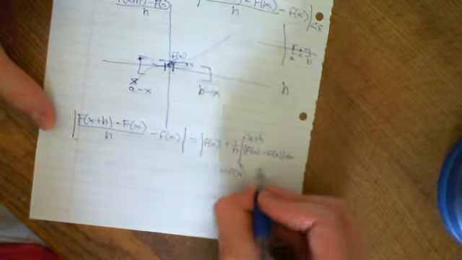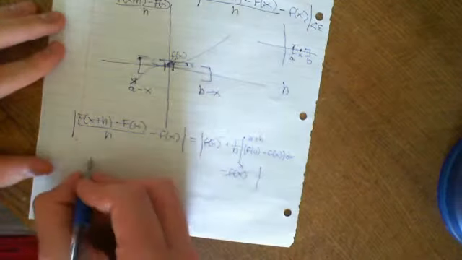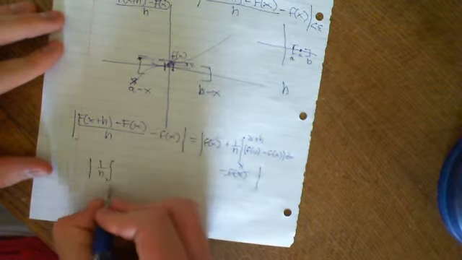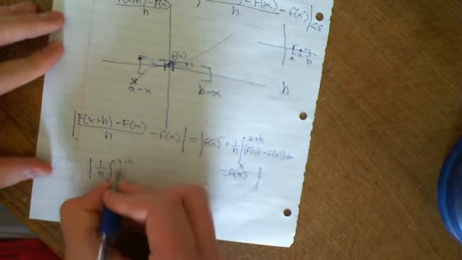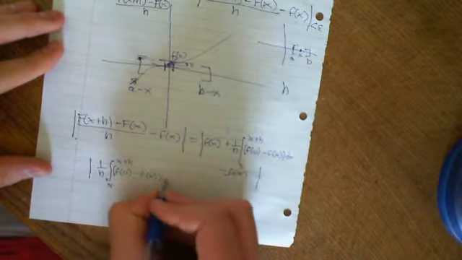So these now cancel, and basically we are left with the modulus of 1 over h, the integral from x to x plus h of f of u minus f of x dx.